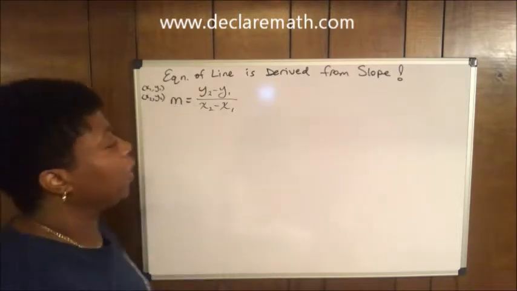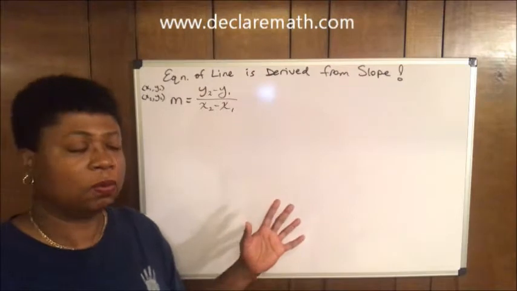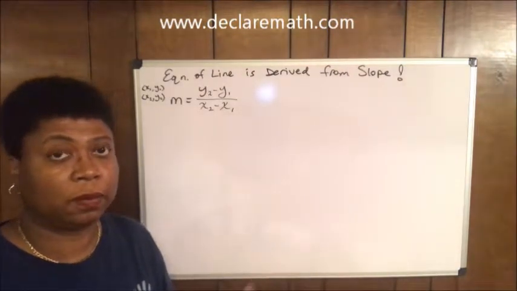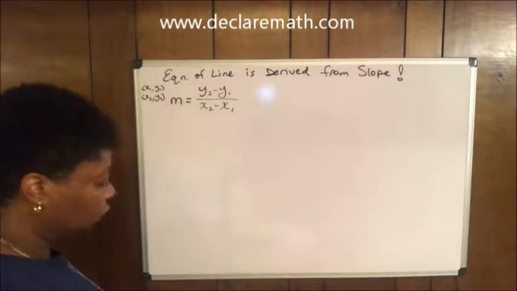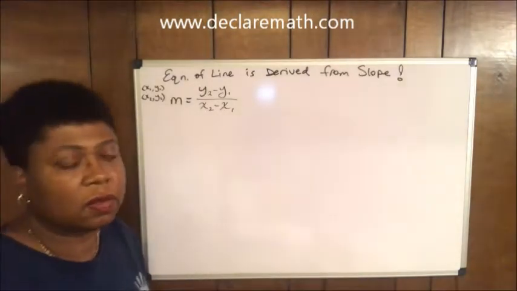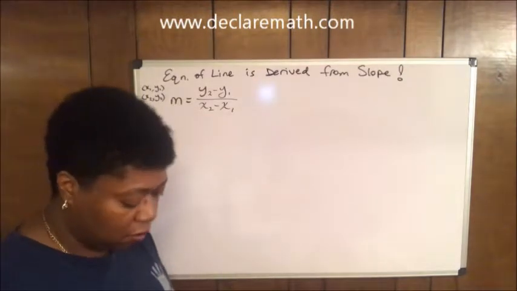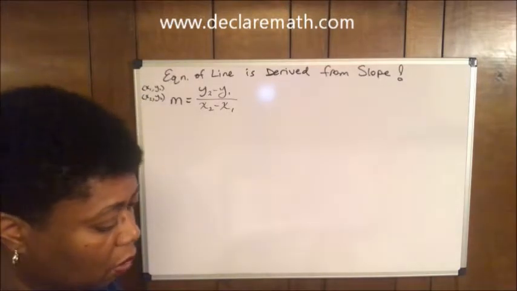Rise over run, that'll give us the mathematical equation of slope. So we understand it both physically and mathematically now, right? So let's tie this in to the different equations of lines. I'm going to try to hit on, I think, three of them at least.